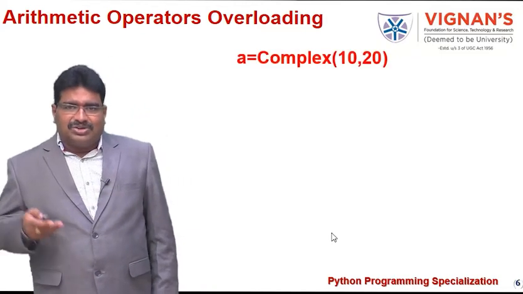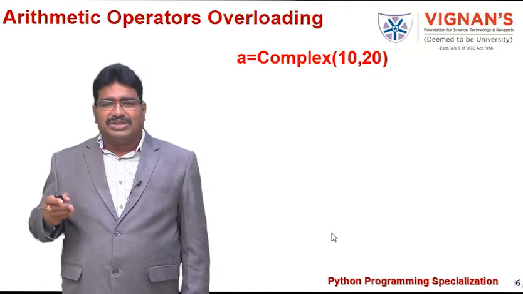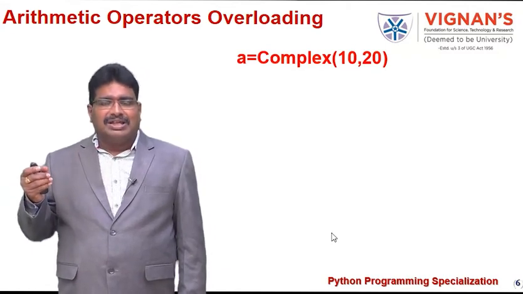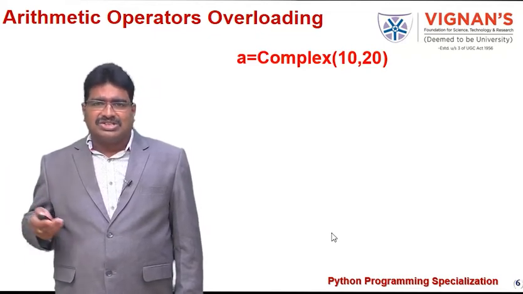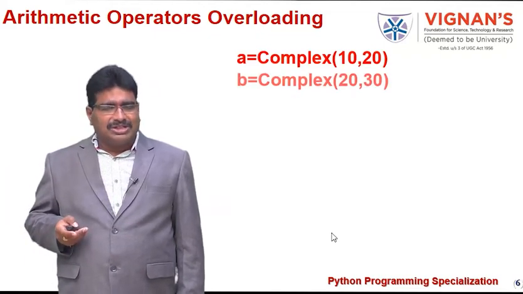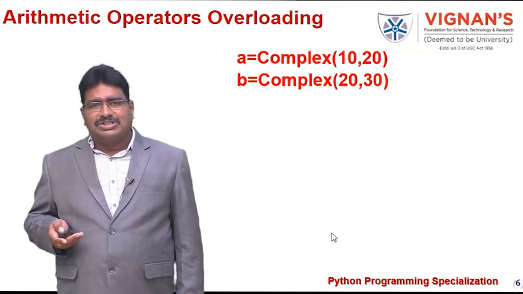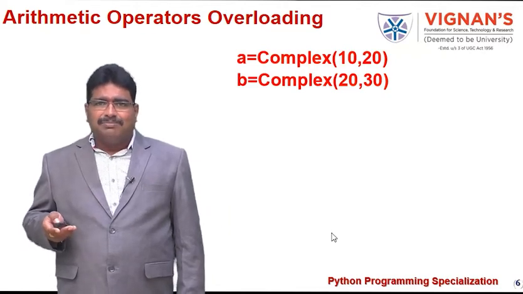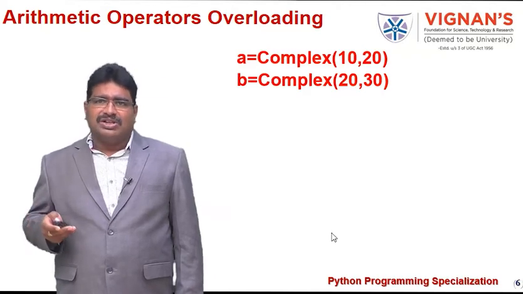For example, here we take a is equal to Complex(10, 20). Now a is an object of the Complex class, and a's real value is 10 and a's imaginary value is 20. Now we define b as another complex object, and the passed parameters are 20 and 30. That indicates that b's real value is 20 and b's imaginary attribute value is 30.